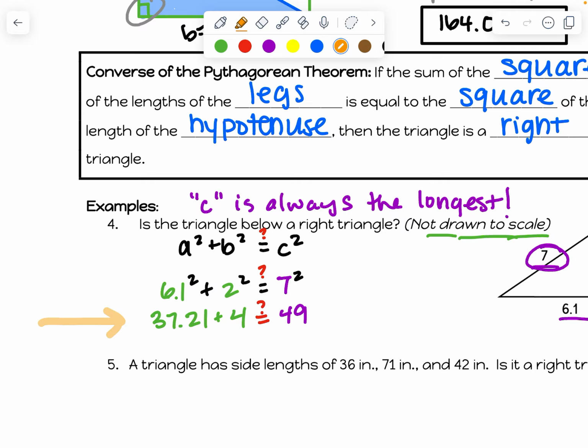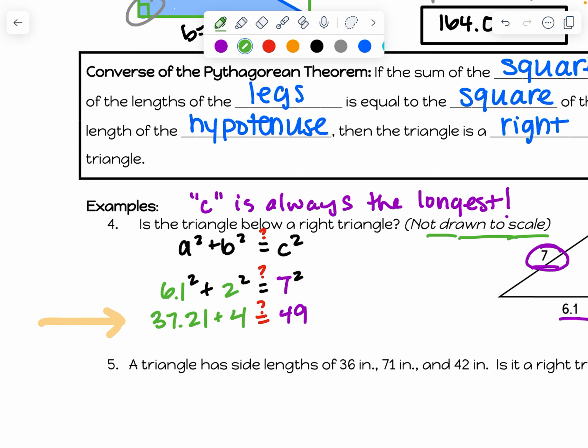I need to see what your a squared actually comes out to be. What does your b squared actually turn out to equal? Once you've got that part, if you wanted to add this up in your head and compare it to 49 in your head, that's fine. But I need to see those exponents evaluated. I need to see all 3 numbers after you've done the exponents.